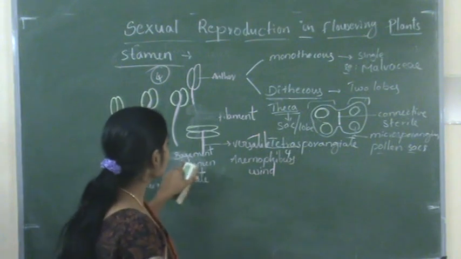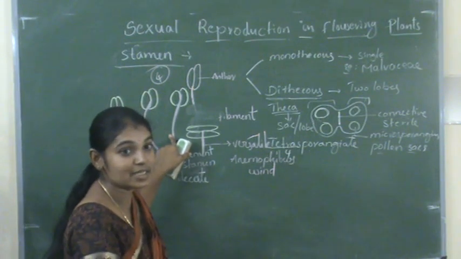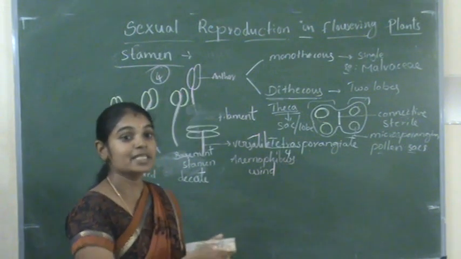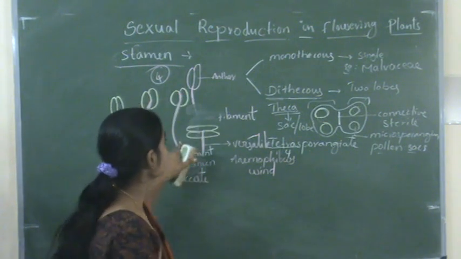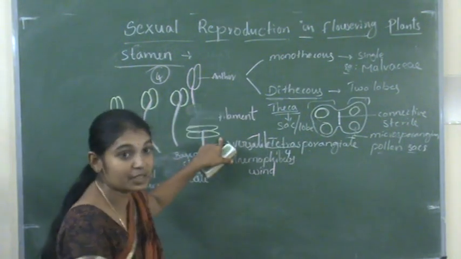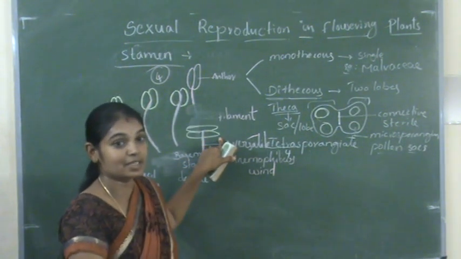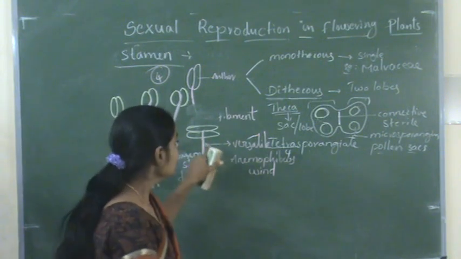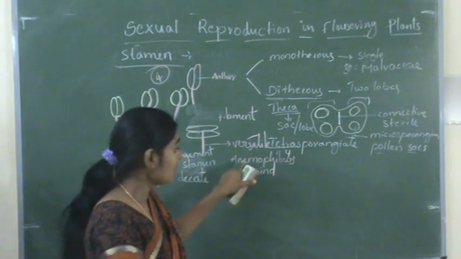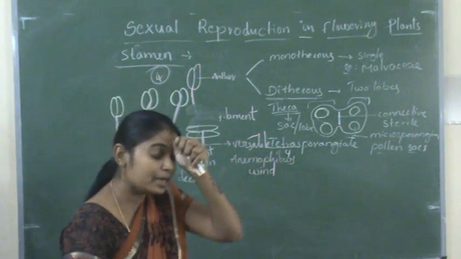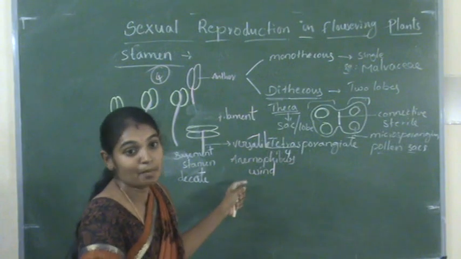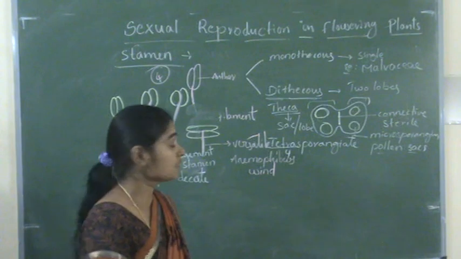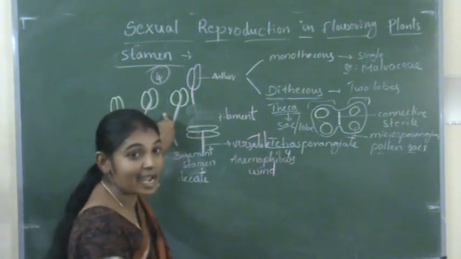Then basement or decayed stamen, where the entire length of the anther is attached to the filament. Then versatile, where the filament is attached in the middle of the anther, which is very common in anemophilous plants, in which pollination takes place by wind. So these are different types of anthers.